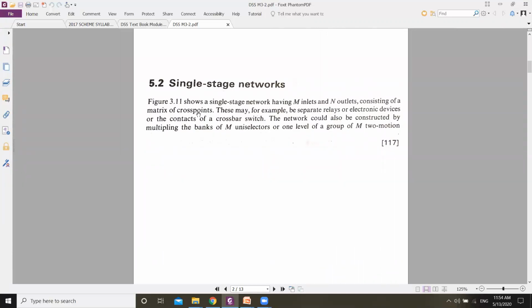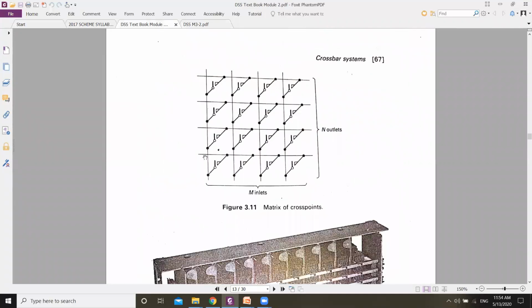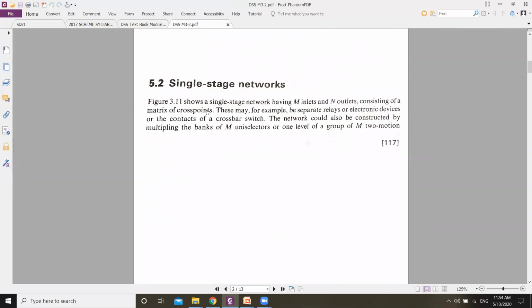In this single stage network, he is considering figure 3.11. Figure 3.11 is the matrix of crosspoints that we discussed in the previous module, which had m inlets and n outlets. About this he's explaining over here.